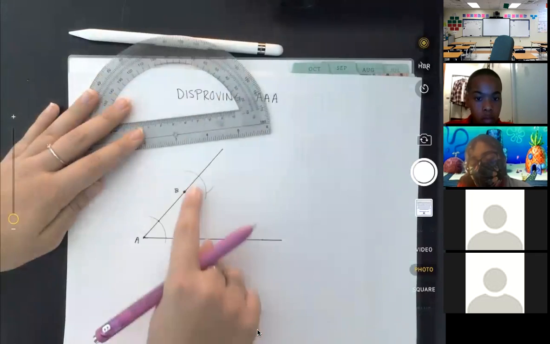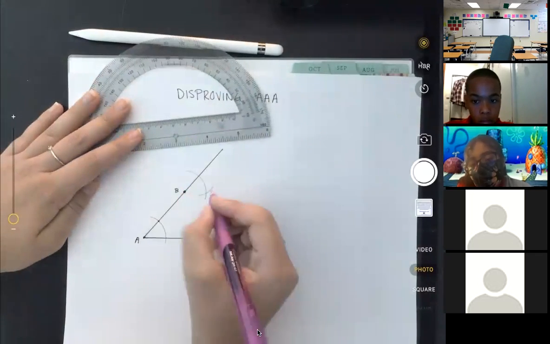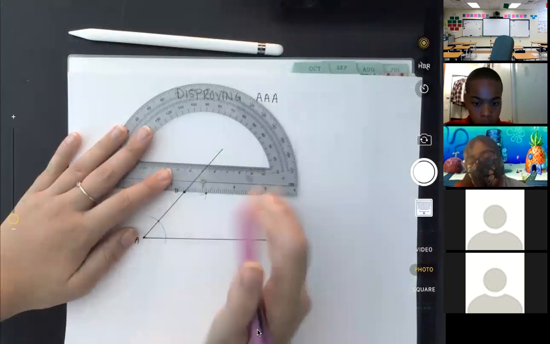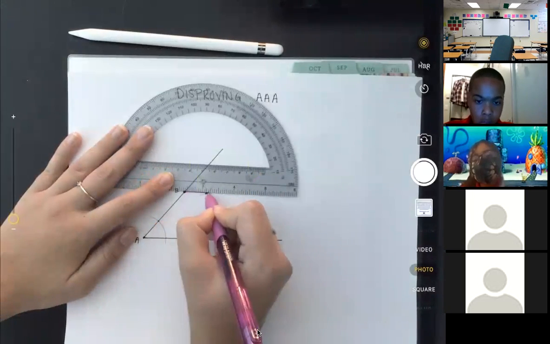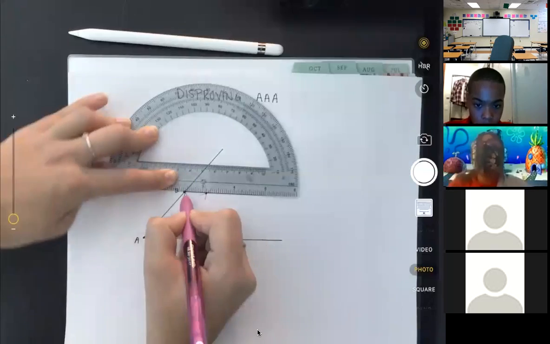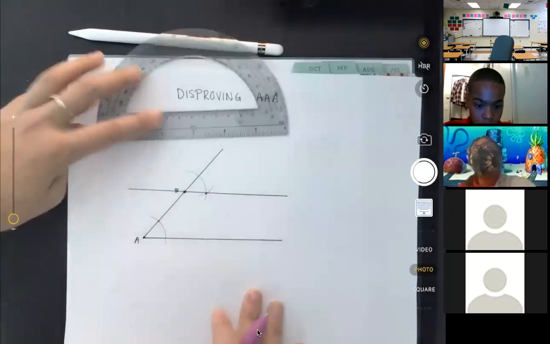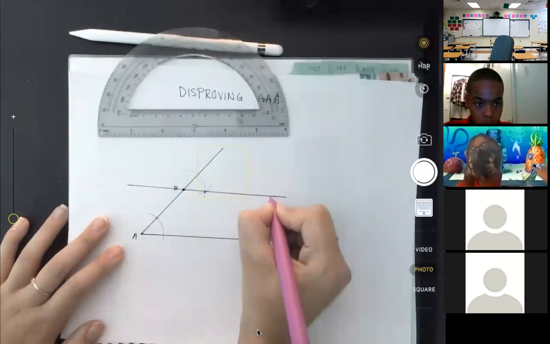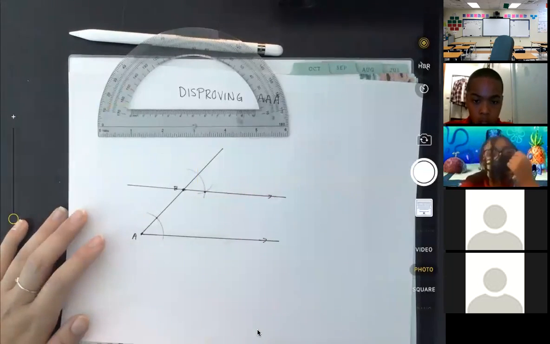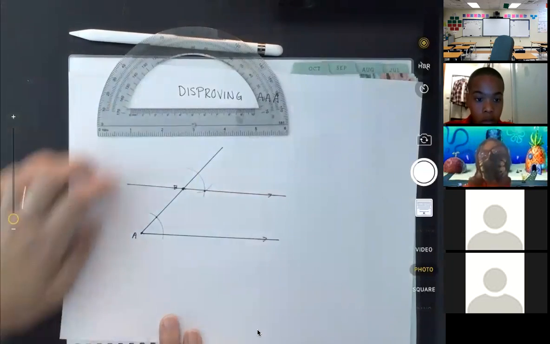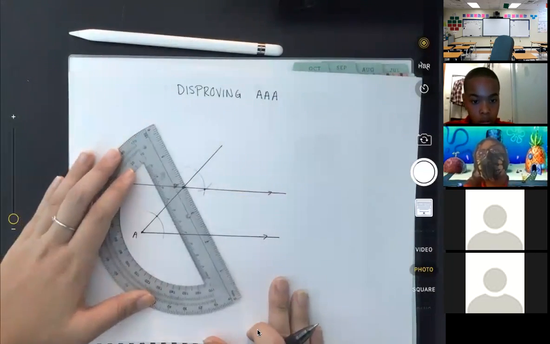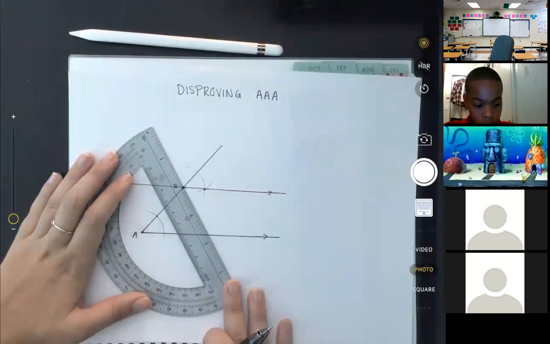And I'm going to draw a parallel line that crosses these two little arcs. Okay, so now I have two parallel lines here and here. And my last thing that I'm going to do is draw one more.